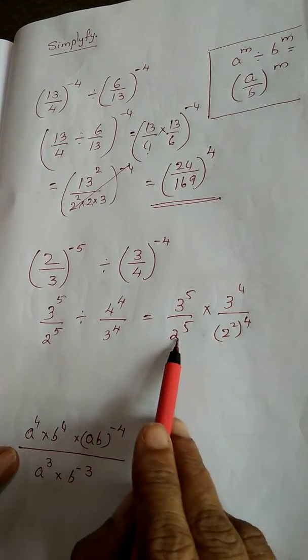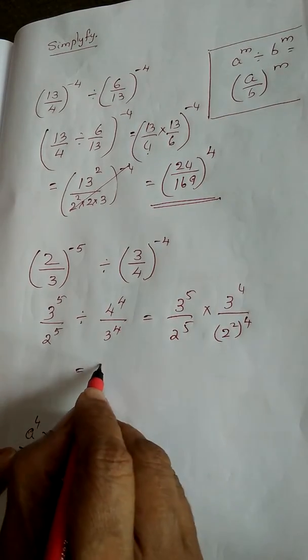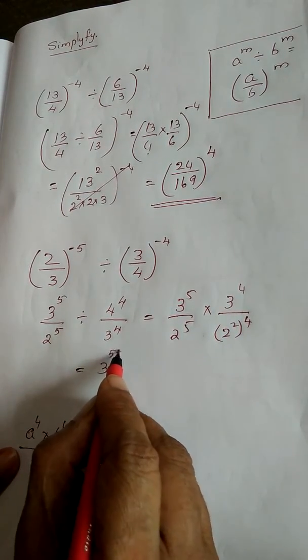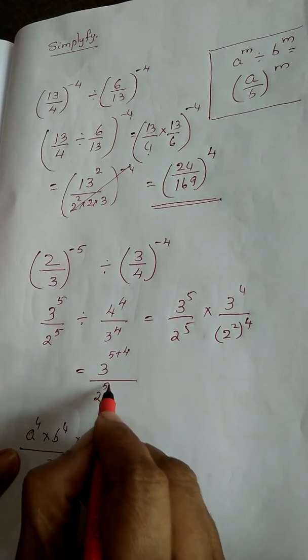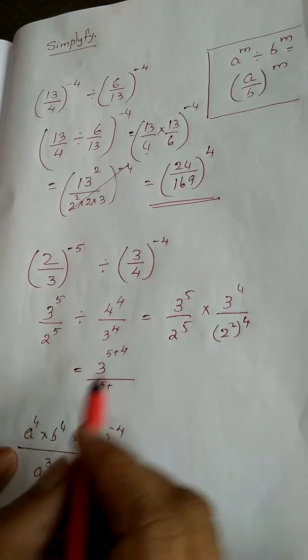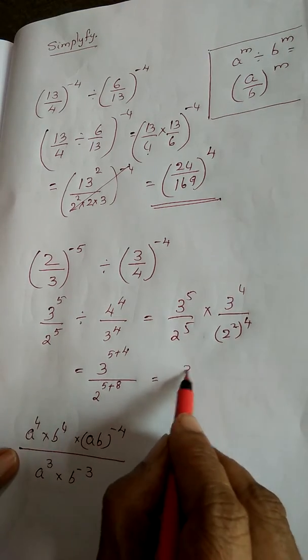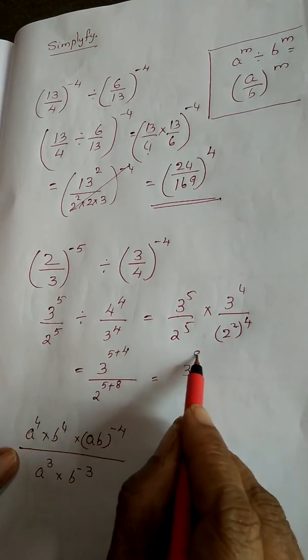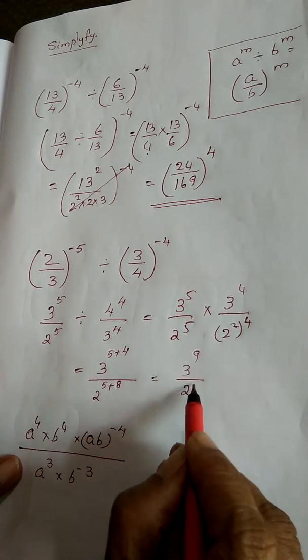Then only we have to make the bases the same. So this is equal to 3 to the power of 5 plus 4 by 2 to the power of 5 plus 4 into 2, 8. So this is equal to 3 to the power of 9 by 2 to the power of 13.